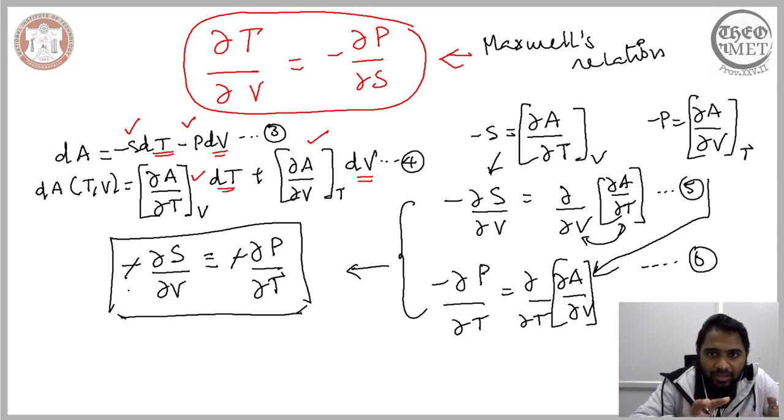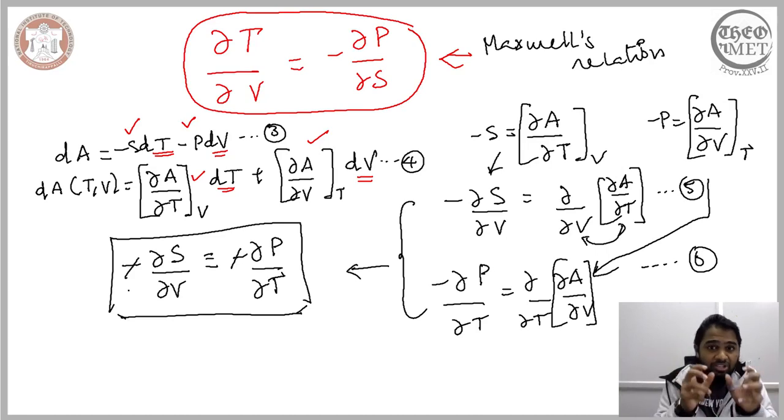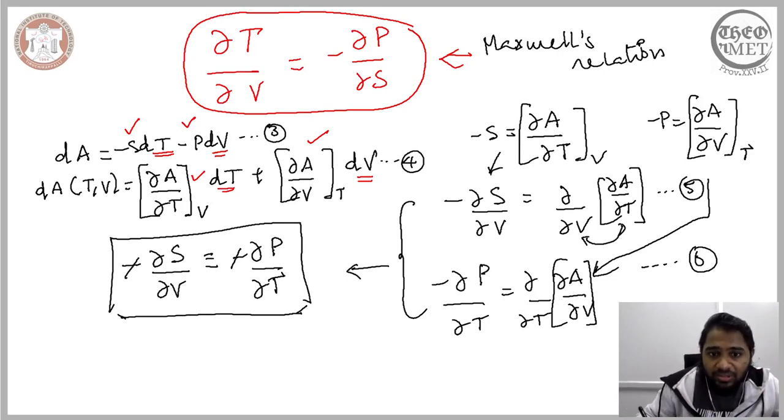So when you have a system that is exhibiting a change in an entropy by changing its volume, then instead of describing the change in the state of the system by considering the volume change and the entropy change, it is now possible through the Maxwell's relation for us to describe the change in the state of the system using the pressure and temperature.